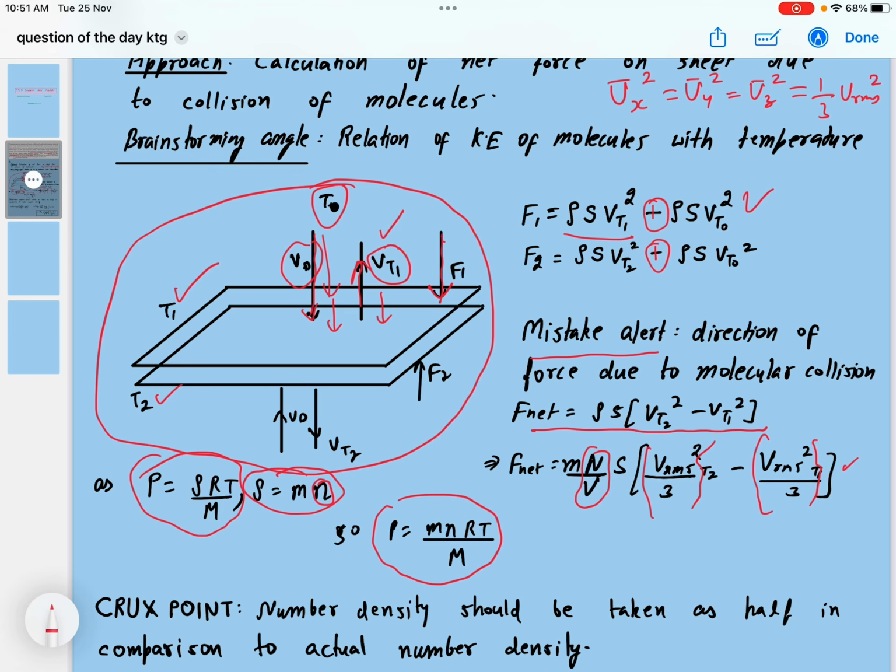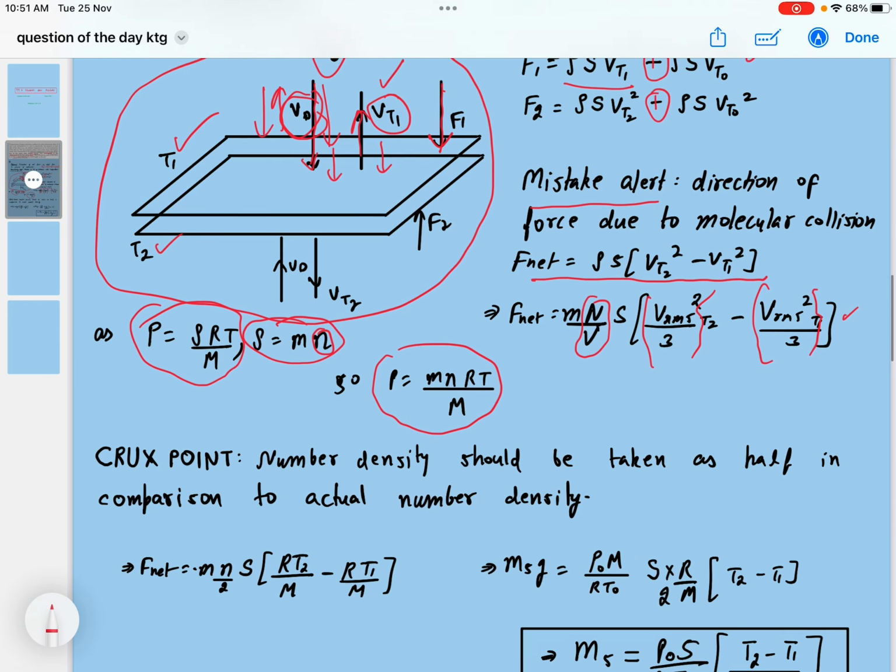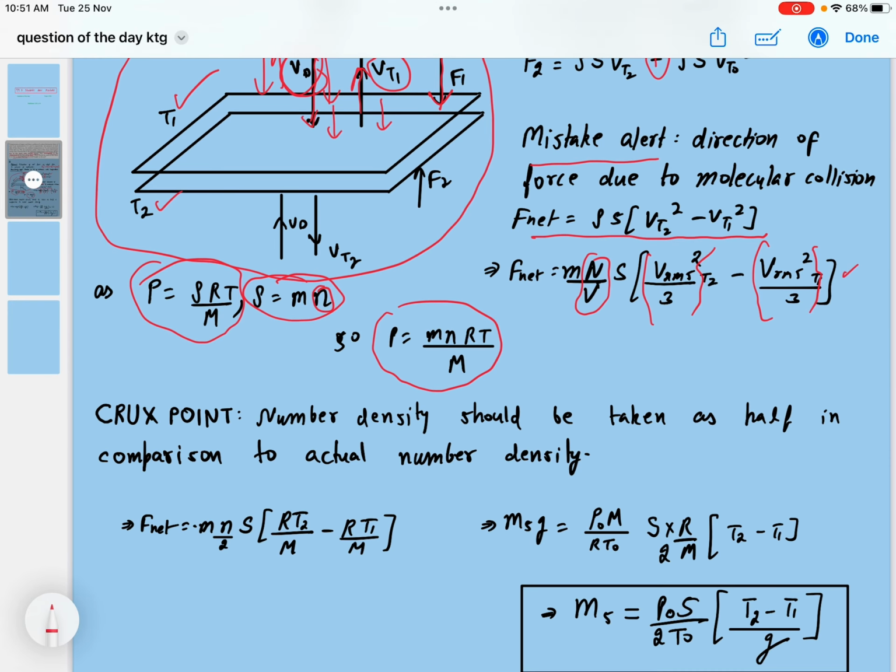In random motion, molecules move in both directions, downward as well as upward, and I am writing force corresponding to downward motion only. That's why I need to write the number density as half of the actual number density. So I should write Mn by 2.